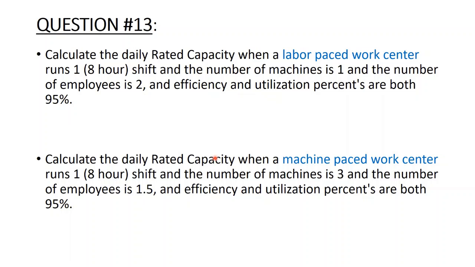Next question. Calculate the daily rated capacity when a labor-paced work center runs 1 8-hour shift and the number of machines is 1 and the number of employees assigned is 2. And the efficiency and utilization percents are both 95%. I'll give you a minute to calculate.